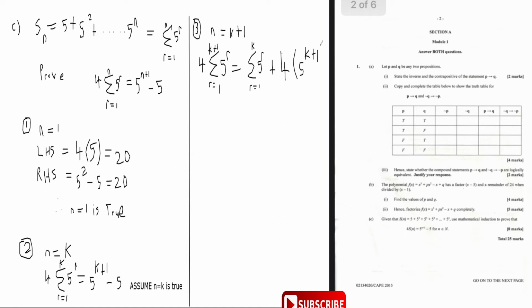And so what this is working out to be now is the sum from 1 to k of 5 to the r, which we said is right here, 5 to the k plus 1 minus 5, plus 4 times 5 to the k plus 1.